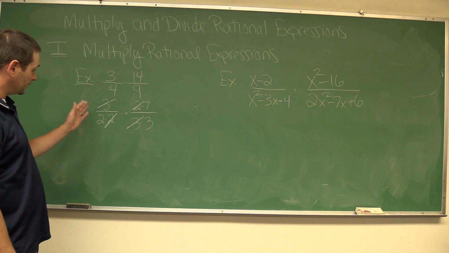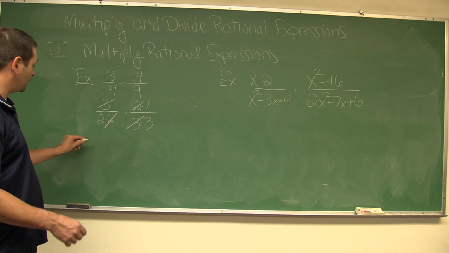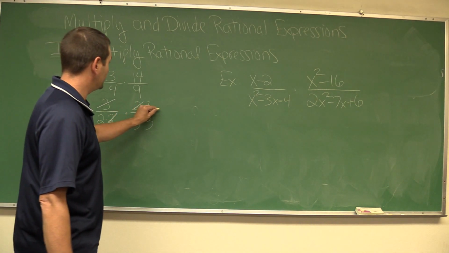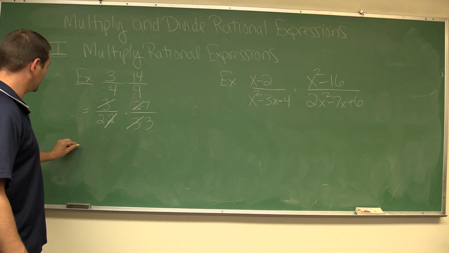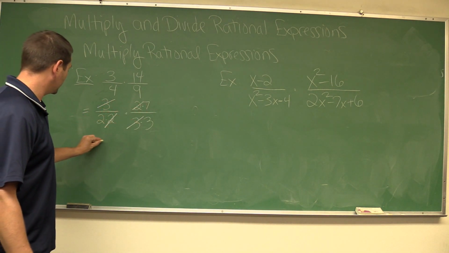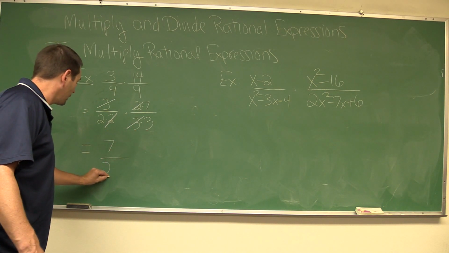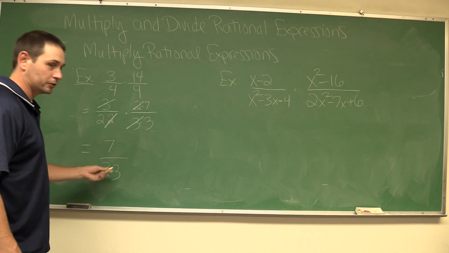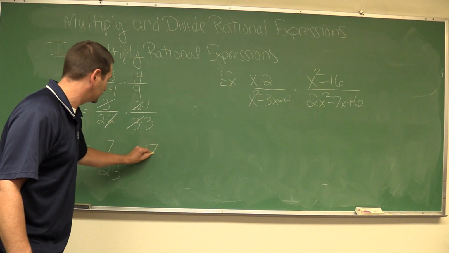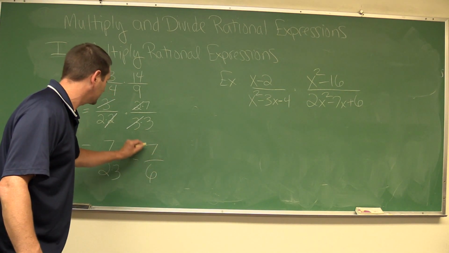I don't think there's anything else, so you can multiply straight across, and you should get 7 on top, and 2 times 3 on the bottom. Now you can just multiply that out since they're numbers, so you'd say 7 all over 6.